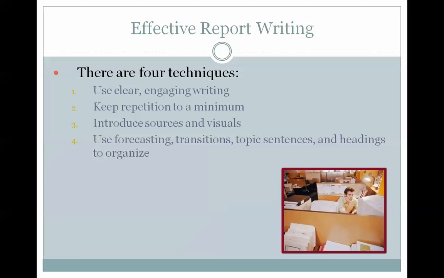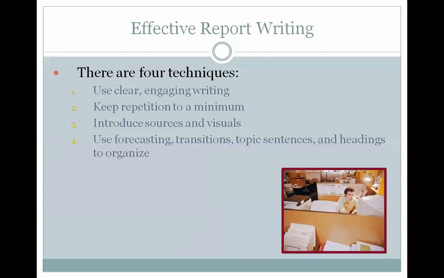To write a report effectively, it is important to keep these 4 points in mind. The first is to use clear and engaging writing. A lot of people want to read a report quickly, but it is important that they can still absorb the important points. Being clear and precise will promote this. Next is to keep repetition to a minimum.